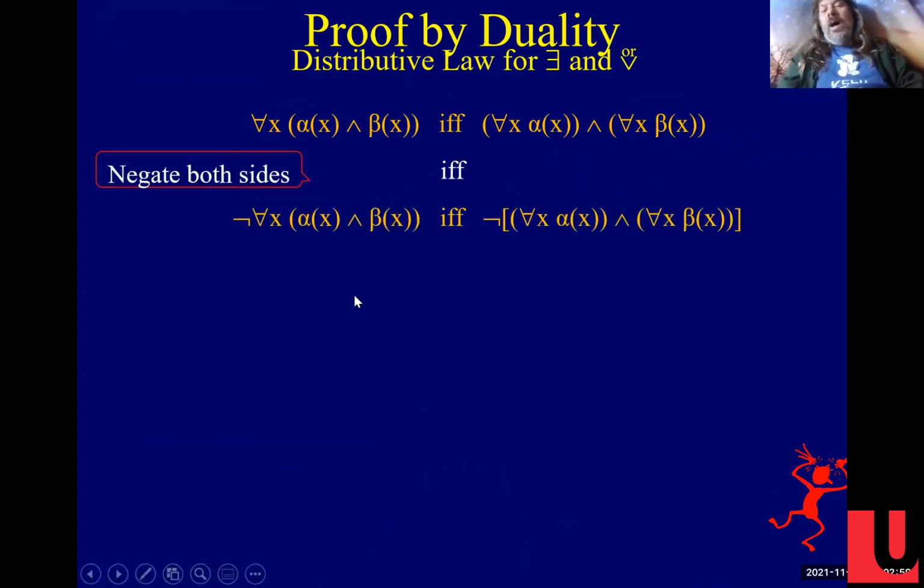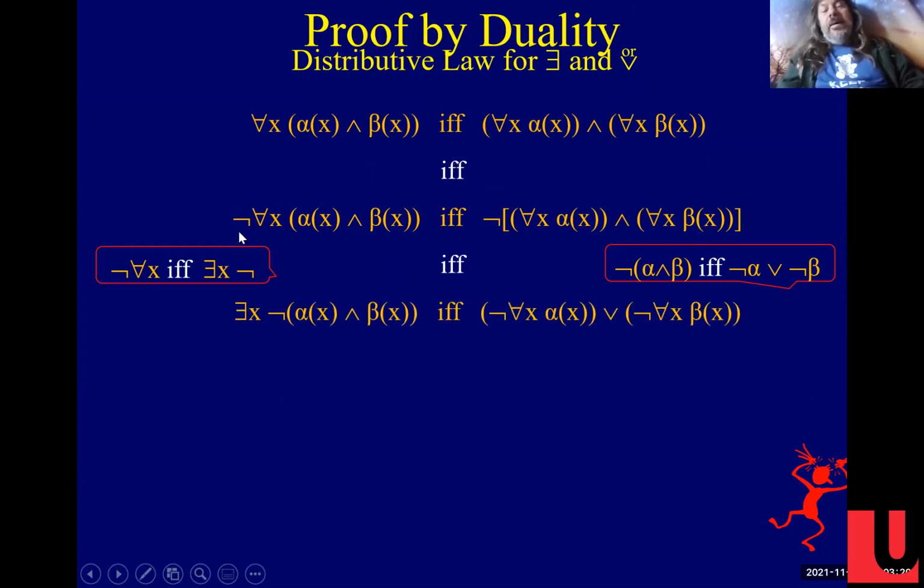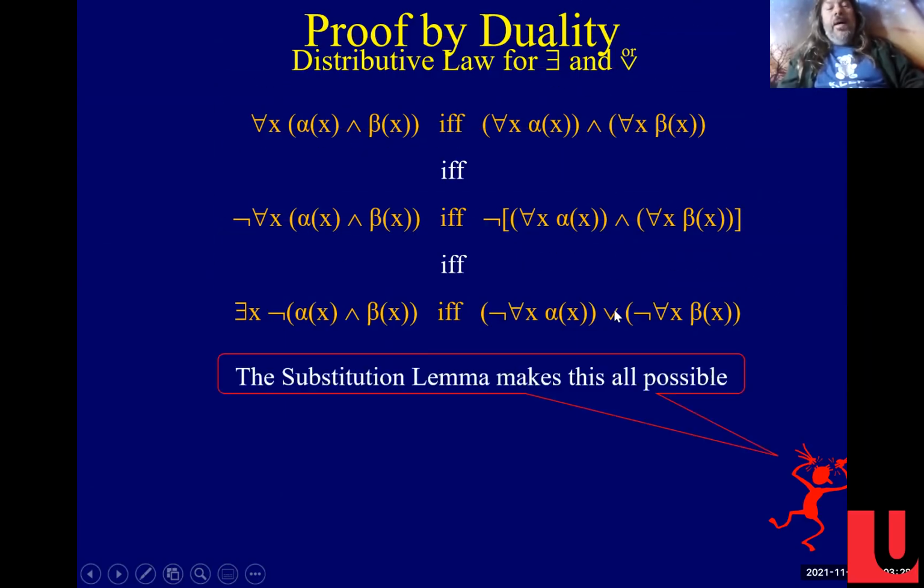Let's start by negating both sides. Now, here's a negation in front of a for all, so you can switch it to an exists. Here we have a negation in front of an and, so you can use De Morgan's law. So the for all becomes an exists, the negation comes in and the and becomes an or, right?